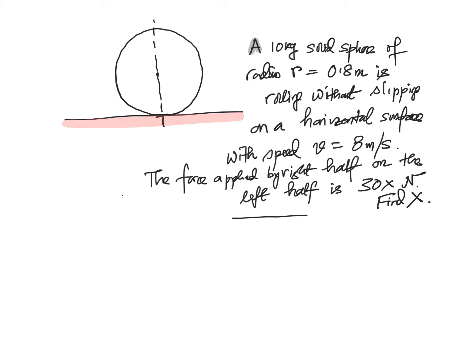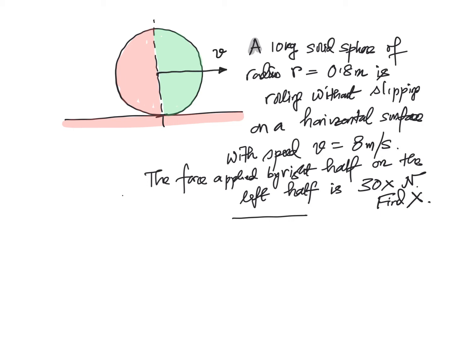So the right half, so the left half is the right half, like this, and it is pure rolling. So that speed is given to be v, right? V is equal to 8 meter per second.